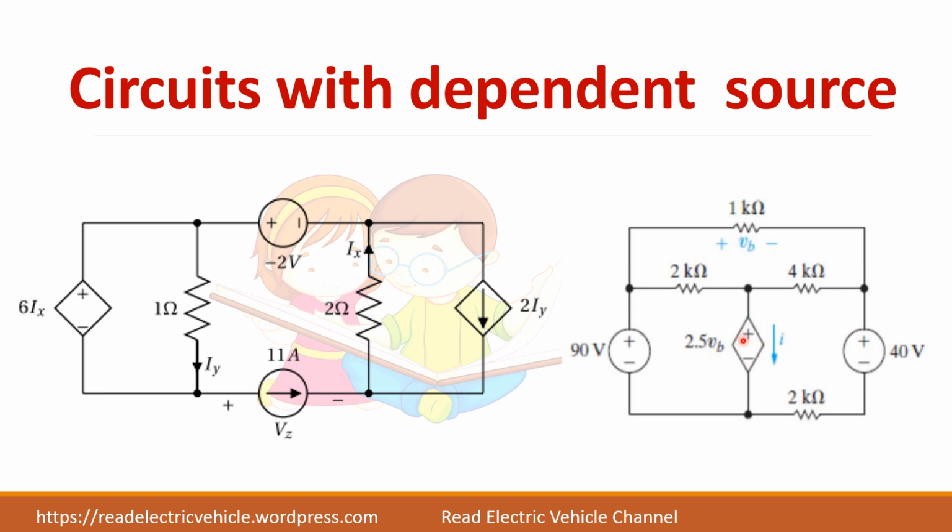This is a voltage source because plus minus indicates it is a voltage source. And what is its magnitude? 2.5 times Vb. What is Vb? The voltage across this resistor. So this is a voltage controlled voltage source.